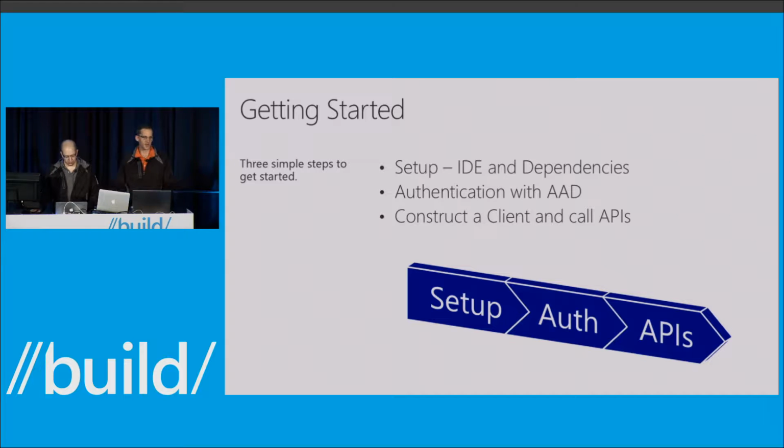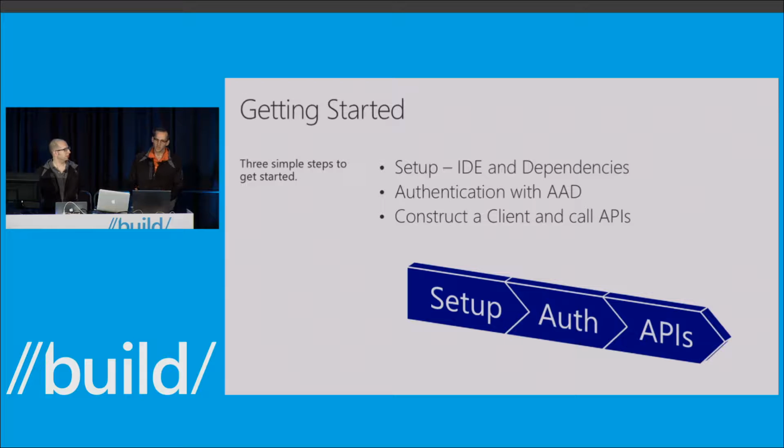So how do you get started? Well, really, we like to boil this down to 3 steps or 3 buckets, which you can think about that you need to do in order to start from scratch and get to the point where you're calling the APIs and bringing the data back and interacting with Office 365 services. So step number 1 is basically your setup step.